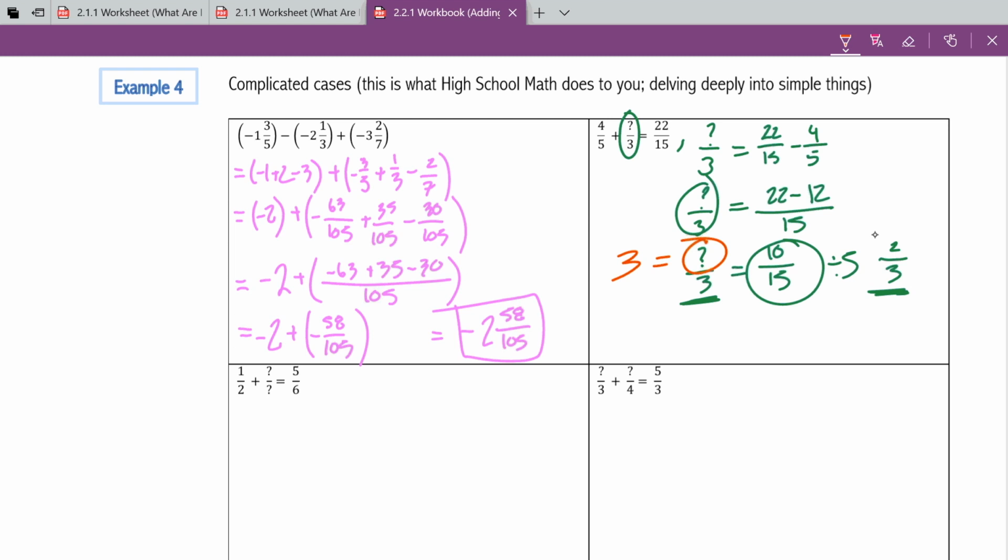But how would we do this more algebraically? Well, what I would say is that 15 times some number, question mark, equals 3 times 10. I'm doing the cross multiplying thing here. And therefore, question mark is going to be 30 divided by 15, question mark equals 2.